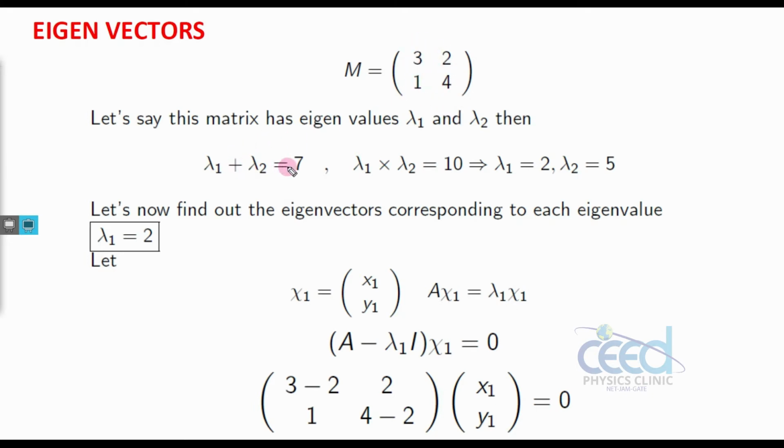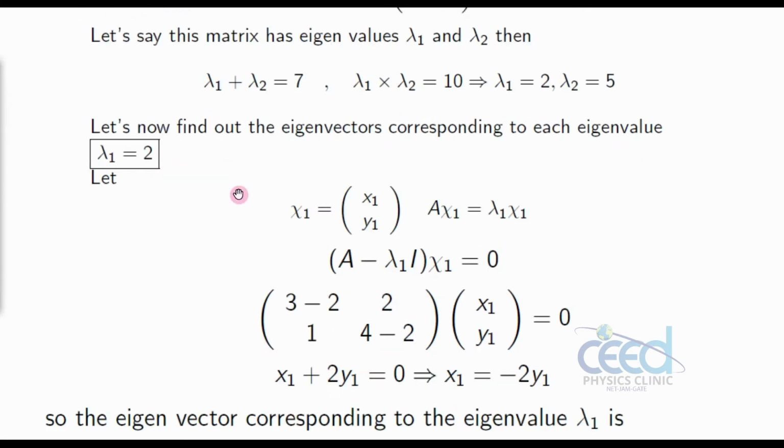That is the trace of this matrix, 3 plus 4, that is 7. And the product of eigenvalues is the determinant of this matrix, 12 minus 2, that is 10. Which two values for lambda 1 and lambda 2 satisfy these conditions? That is 2 and 5. So the first eigenvalue is 2 and the second eigenvalue is 5.